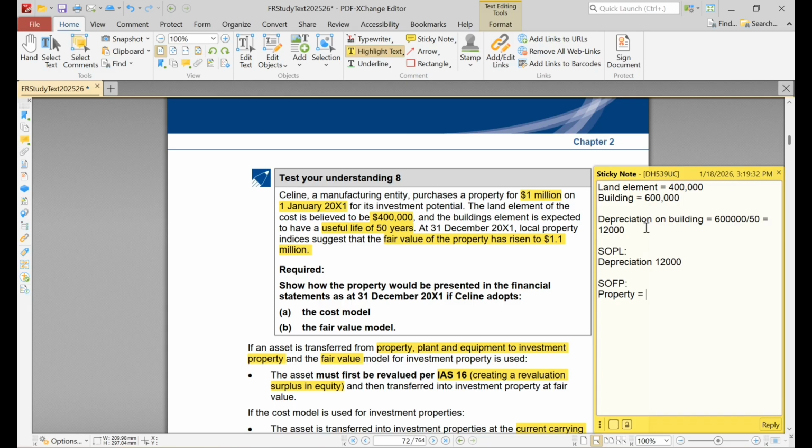Total value of the property would be 400,000 worth of land plus 600,000 worth of building minus 12,000 depreciation on building. So 400,000 is the value of the land, and the value of the building would be cost minus depreciation. So this would come to 988,000. All right, this is the cost model.